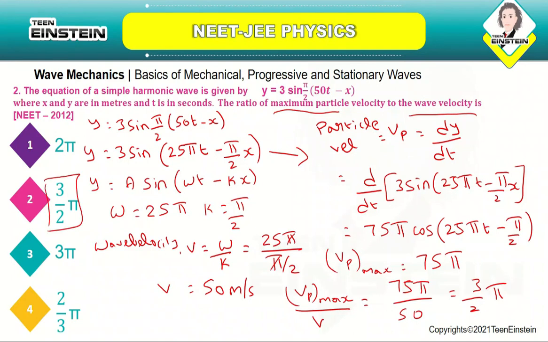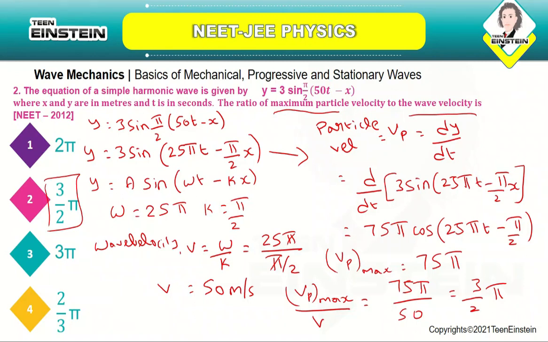The ratio of particle velocity to the wave velocity is 3 by 2 pi. You can easily find out the ratio by first finding out the wave velocity and then finding out the particle velocity by differentiating with respect to time. Then you take the ratio. So it's a very simple sum.